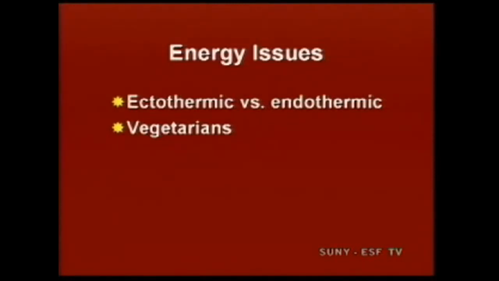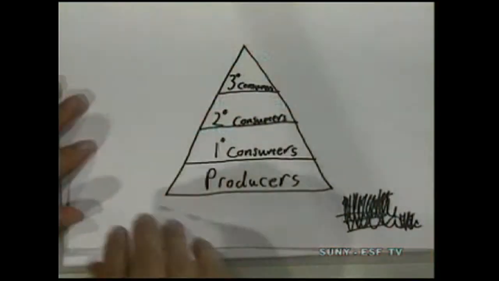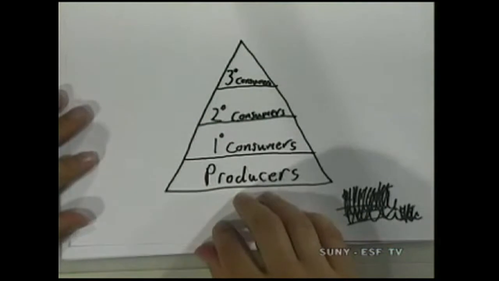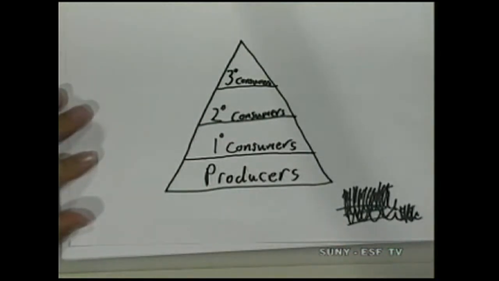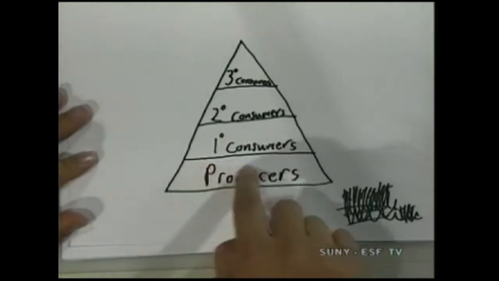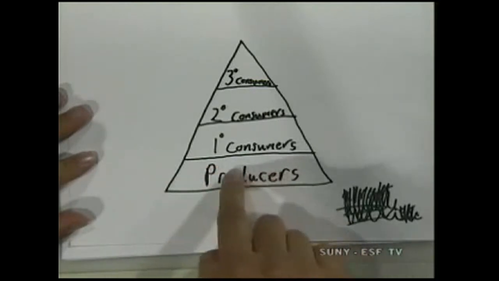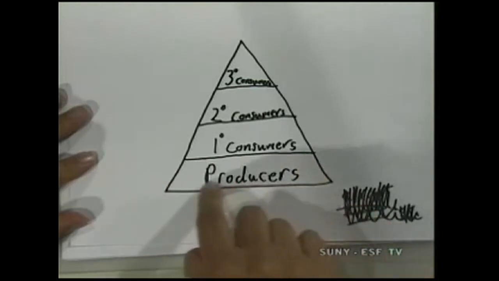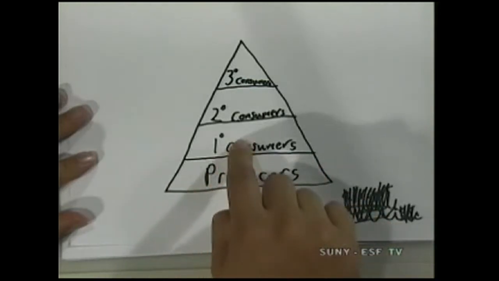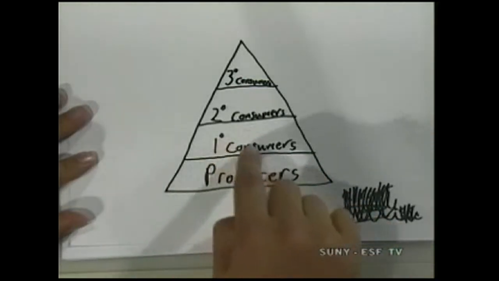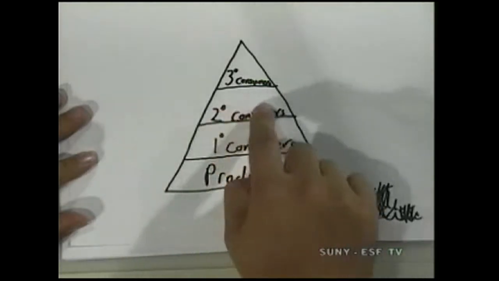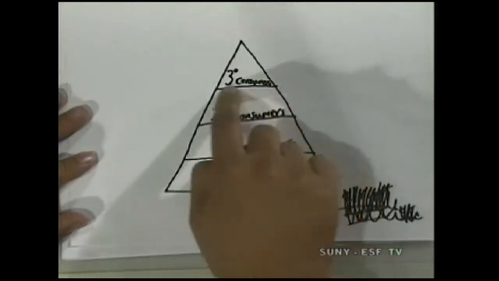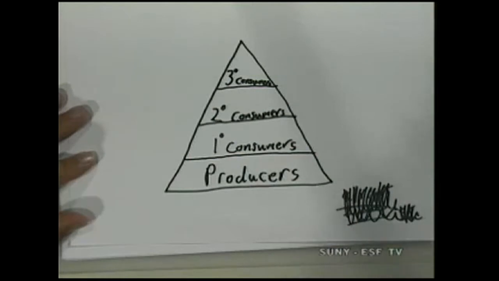If I put back that original drawing I did, and we look at it, if you are a vegetarian, you're dining on the producers here. So there's more energy available to you here. You can support more people at this level. If you went one higher, maybe these are cows, now you're operating up here, you support fewer people. So that's a decent argument for being a vegetarian.